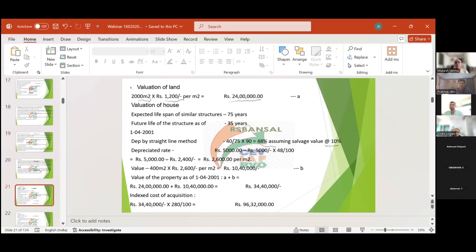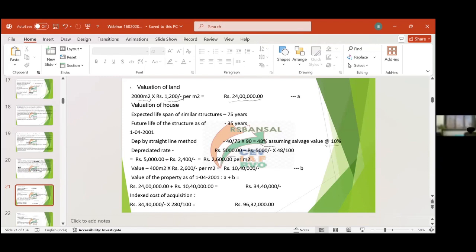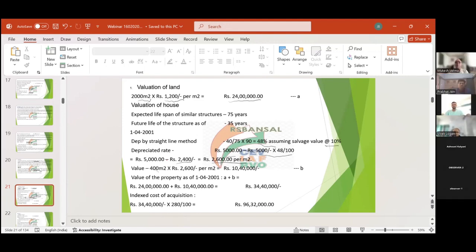So the depreciated rate is 5,000 minus 48% of 5,000, which comes out to be 5,000 minus 2,400, 2,600 per square meter. 400 square meter is the building area. So 400 into 2,600, the value of the building part comes out to be 10 lakh 40,000.